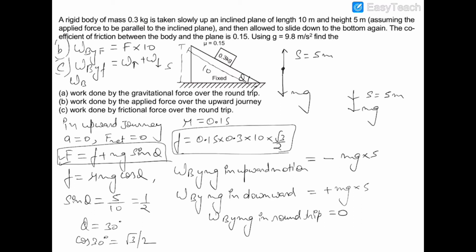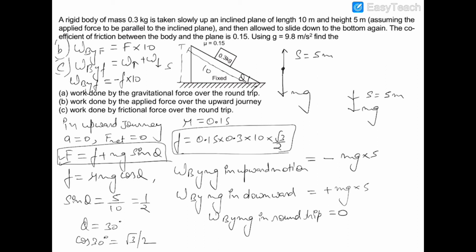The work done in the upward journey will be equal to minus F into 10, because friction is acting in the downward direction and displacement is along the incline in the upward direction.